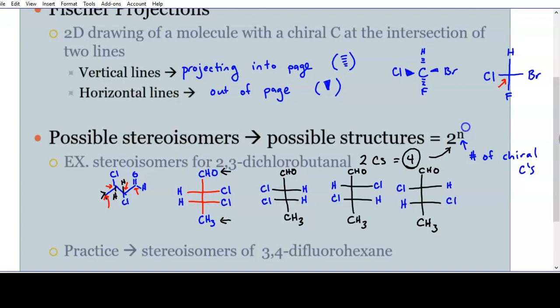Notice I didn't change the length of my carbon chain. I didn't change the non-chiral groups. I left them alone, and I just moved everything else around. Non-chiral carbons stay together with their H's and anything else attached to them.